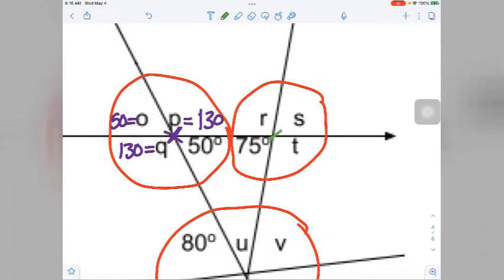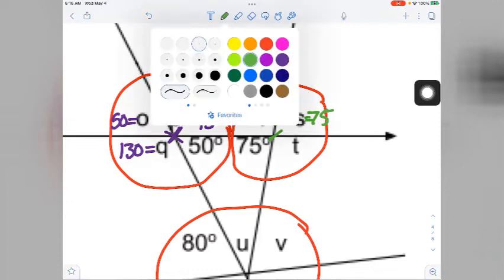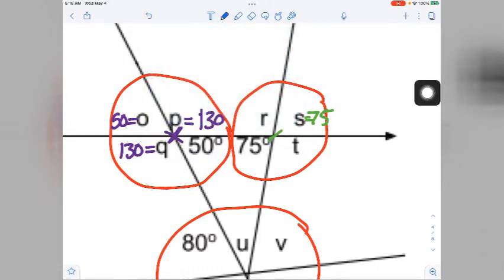And then finally, I can use that for this one. I know that 75 is vertical with S, so S has to also be 75. And then what goes with 75 to make 180? Well, 105, right? 75 plus 5 is 80, plus 100 more.